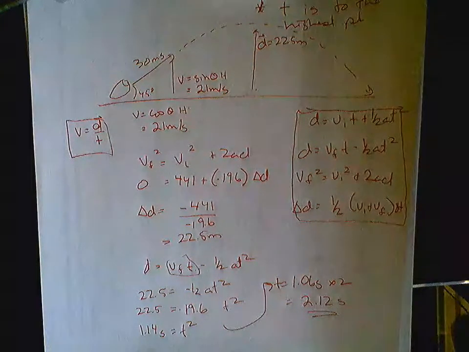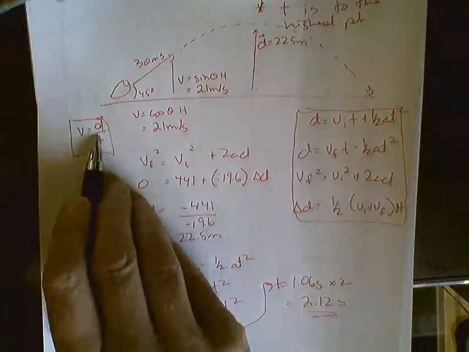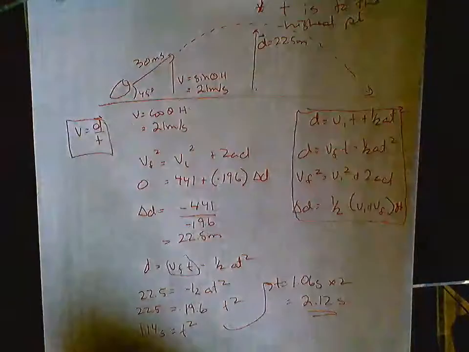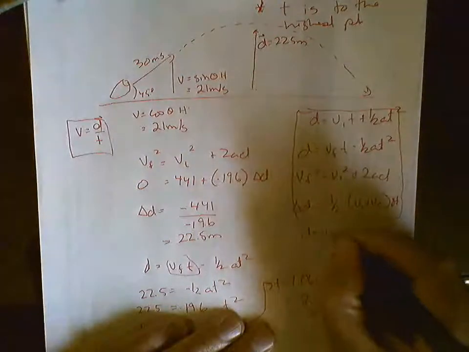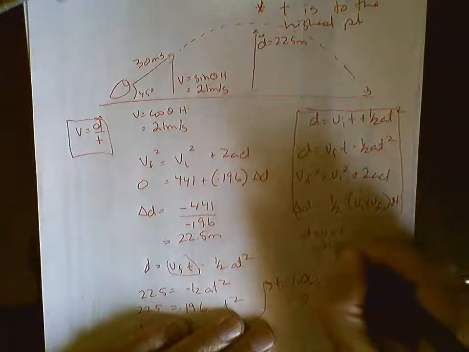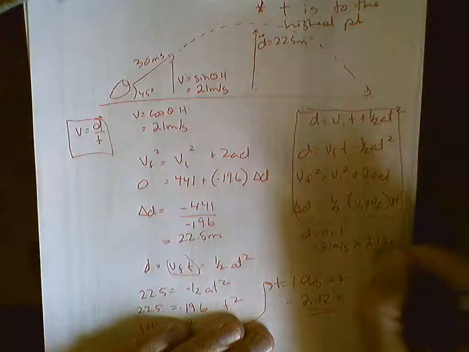The last reminder I want to give you is I can now find the distance that this travels. I must use this formula right here. Distance equals velocity times time equals 21 meters per second times 2.12 seconds.